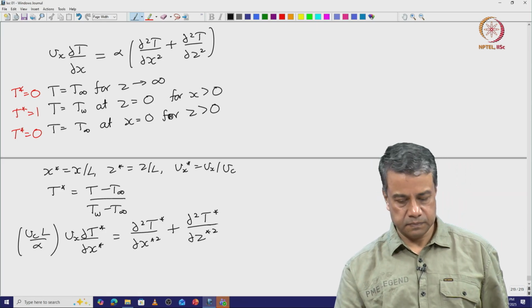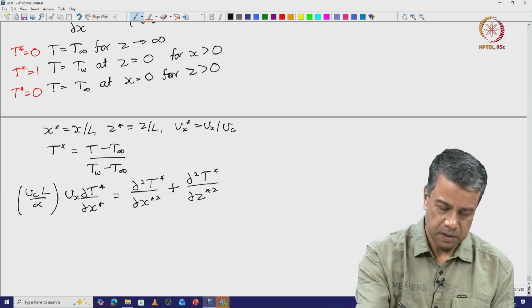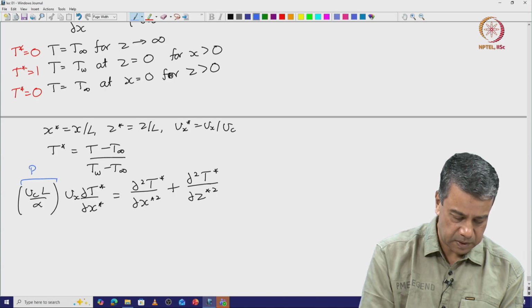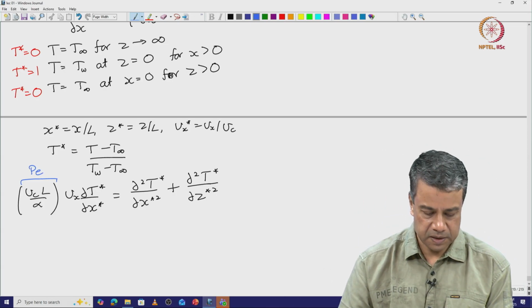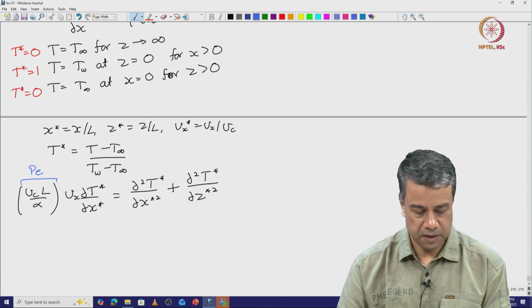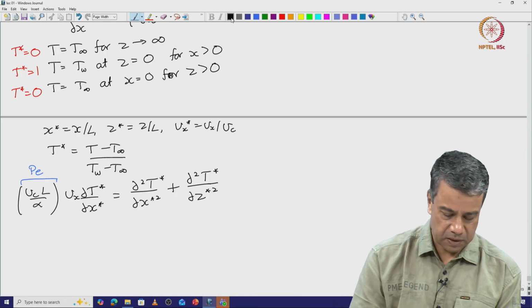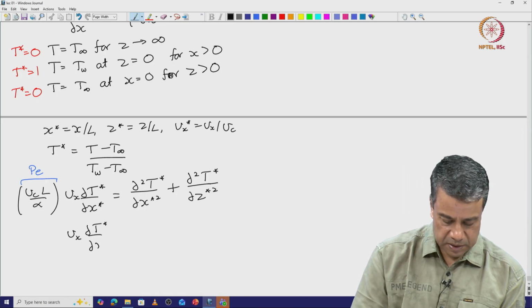Okay, so that is the equation. Once I have scaled it, this thing is the Peclet number, and we are considering the case where the Peclet number is large. So, I can alternatively write the equation as partial T by partial x.